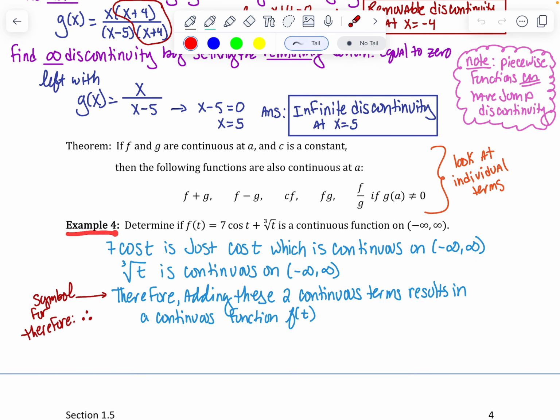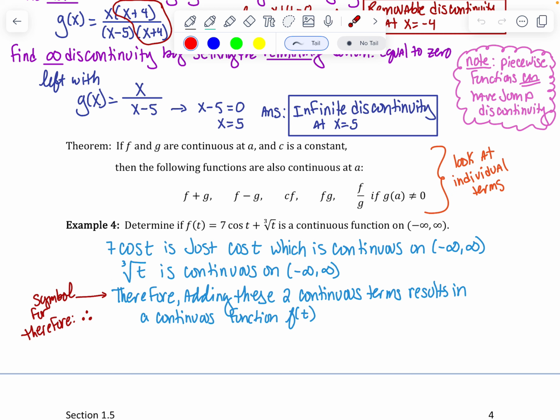So to see all of that, let's look at example 4. We're determining if this function is continuous from negative infinity to positive infinity. Taking the first term of 7 cosine of t, that's just really the cosine of t. We know that that's continuous on all real numbers, and all we've done is multiply by a constant, so it's going to remain continuous.